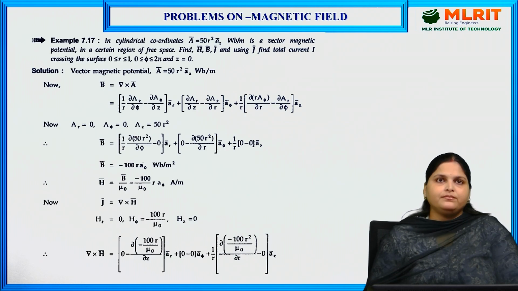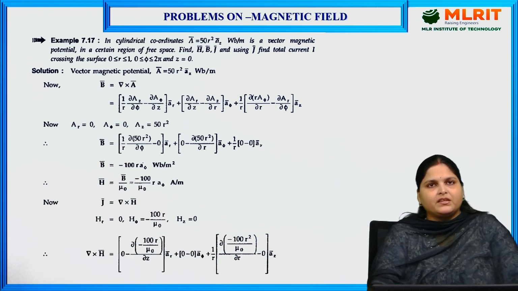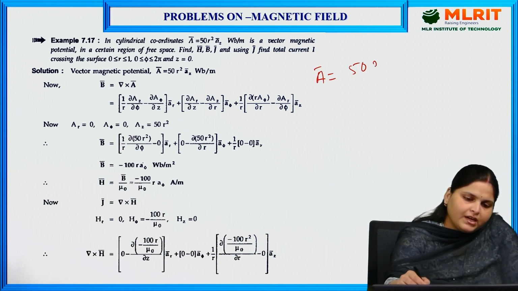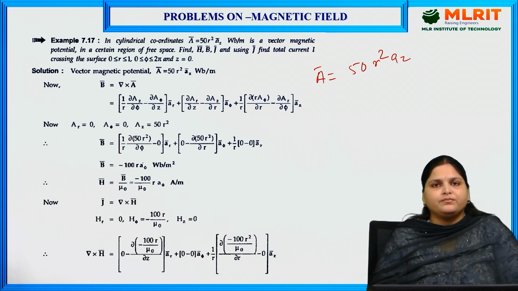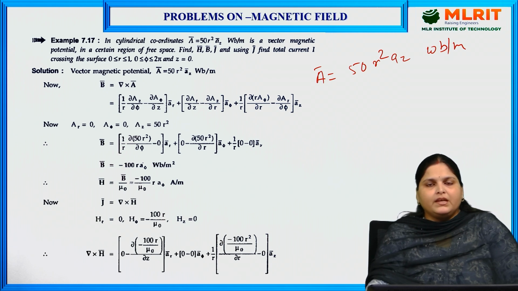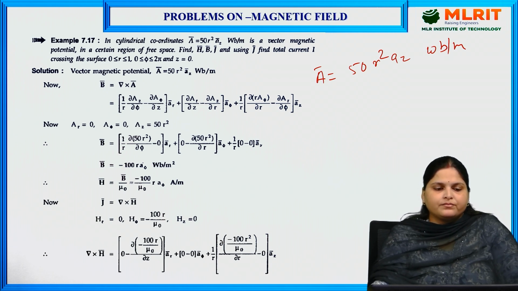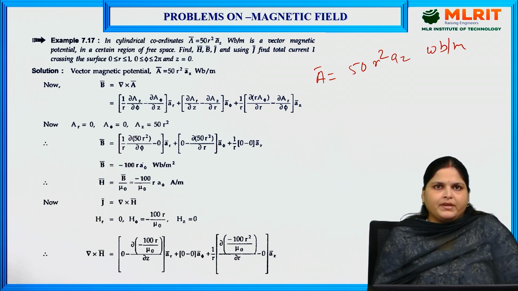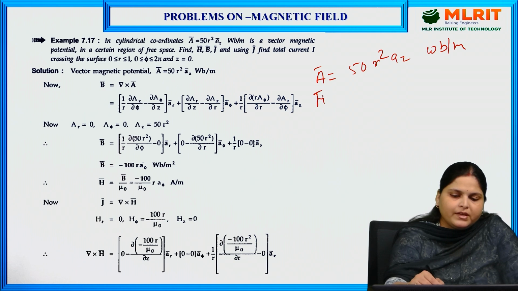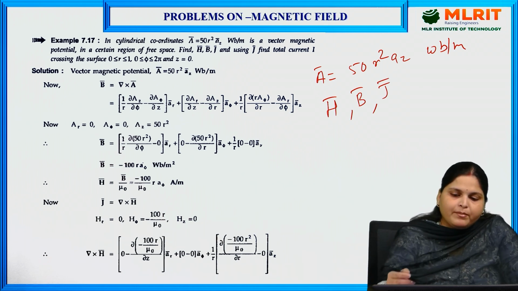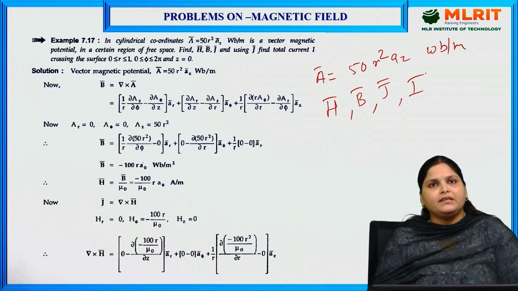Let's take another question. One cylindrical coordinate system is given where A is equal to 50 r square az Weber per meter. It is a vector magnetic potential. So in a certain region of free space, here we have to find H, we need to find B, also we need to find J, and by using J we have to find the total current I also.